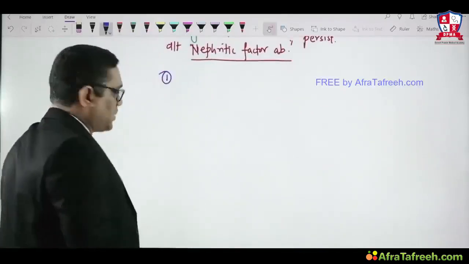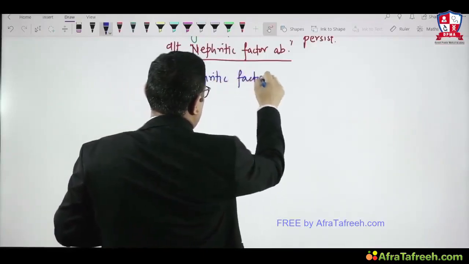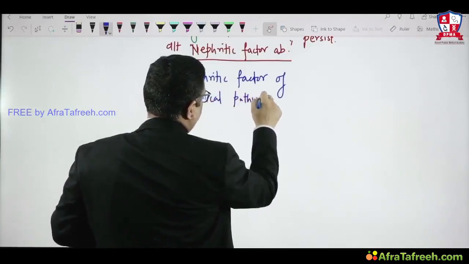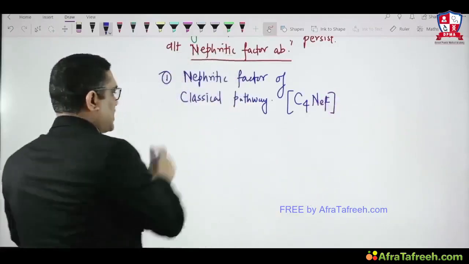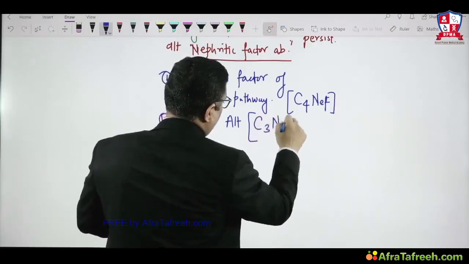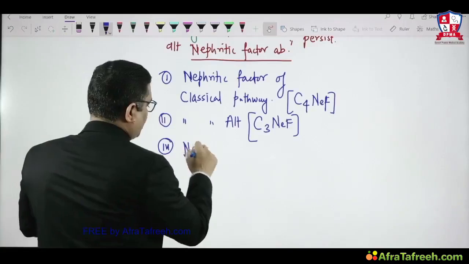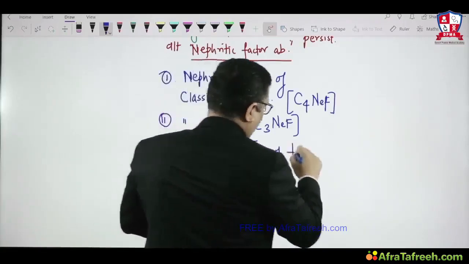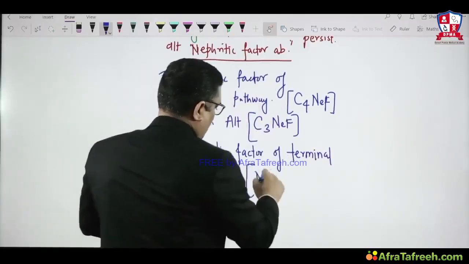One is nephritic factor of the classical pathway, called C4NeF. Second is nephritic factor of the alternative pathway, called C3 nephritic factor. Third is nephritic factor of the terminal pathway, called NFT.